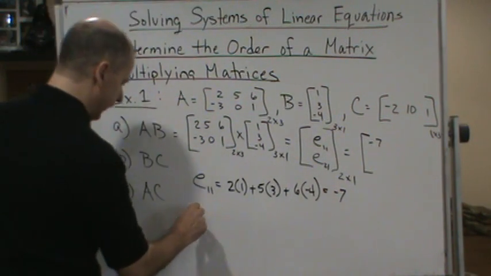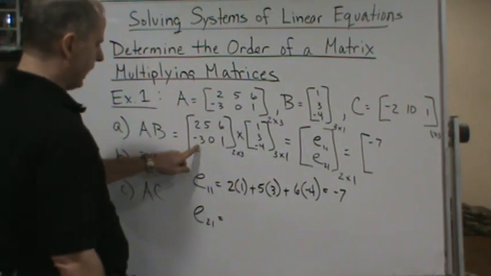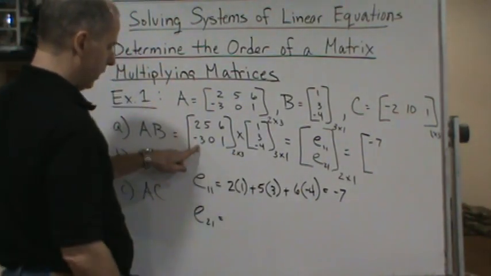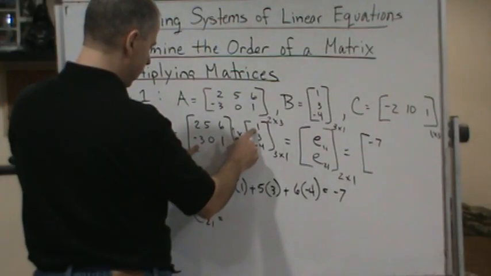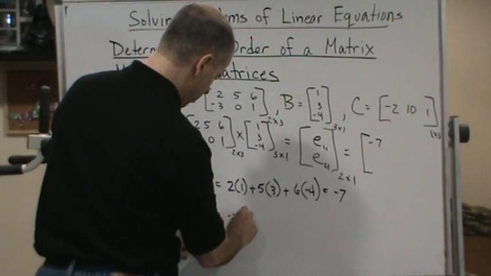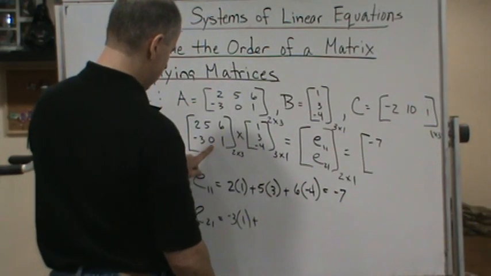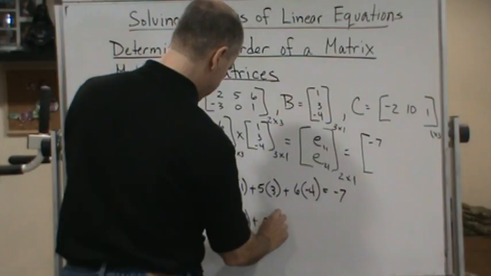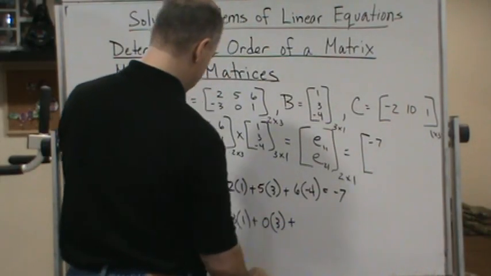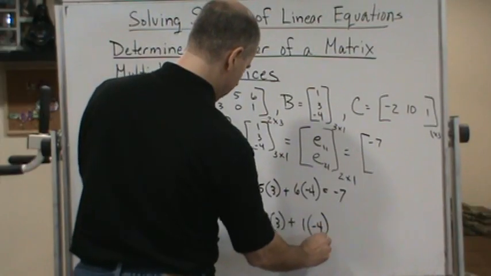So now let's do E21. Now we're going to do what? Second row, first column, right? So now it's going to be negative 3 times 1 plus 0 times 3 plus 1 times negative 4.